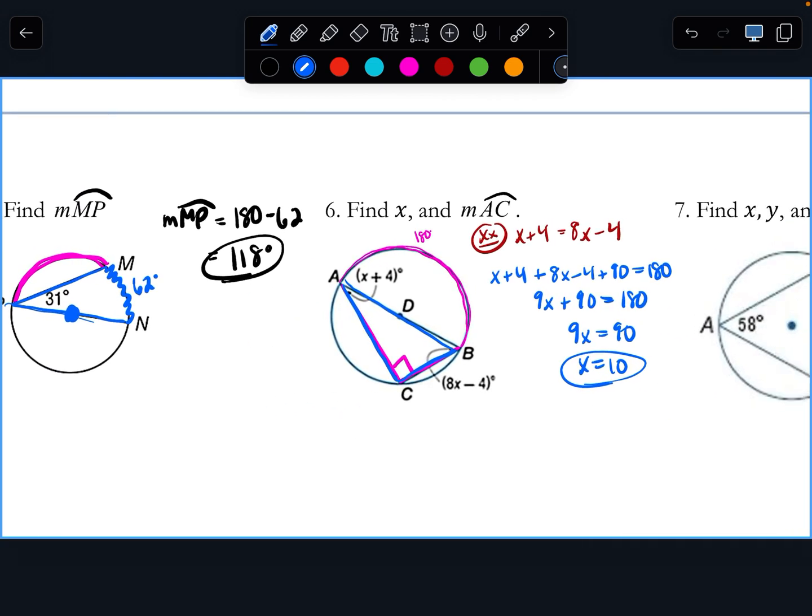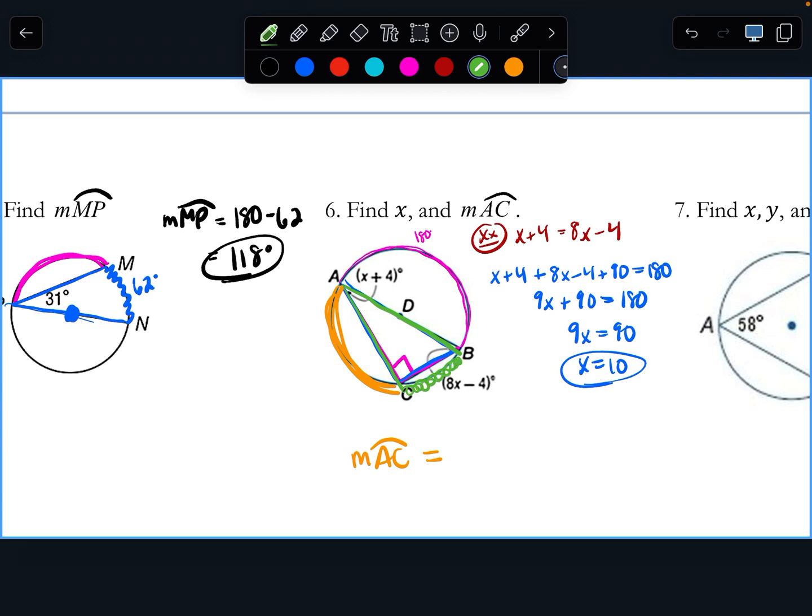Do you see how AC is going to be a lot like the last problem? Because there's no arc across from it. You know what I mean? So you're like, what? Well, strategy. We can figure out this arc.